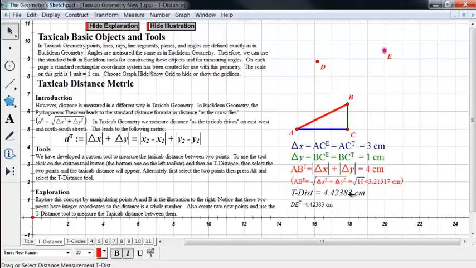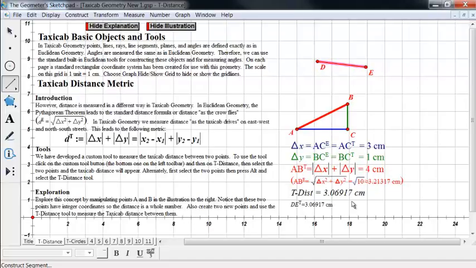So we can use this in further calculations. We can hide either one of these if we want. And so we have the distance between the 2 points, or in other words, the length of that line segment. That's how the tool works. You can click on 2 existing points, or you can make 2 new points.